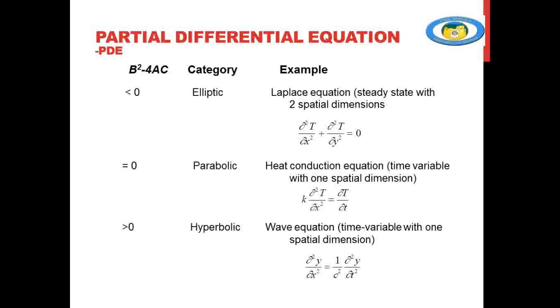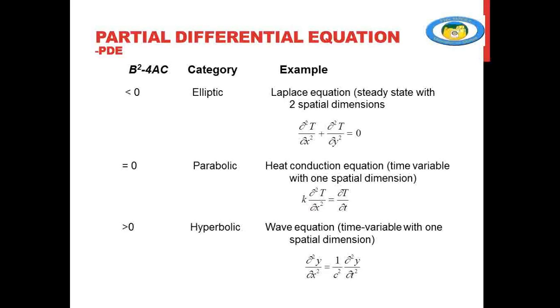Typically, elliptic partial differential equations are more for problems which have reached an equilibrium, like the Laplace equation, steady-state equations. It's two spatial dimensions, or of course you can talk about three spatial dimensions, but for our understanding in this class it's two spatial dimensions.